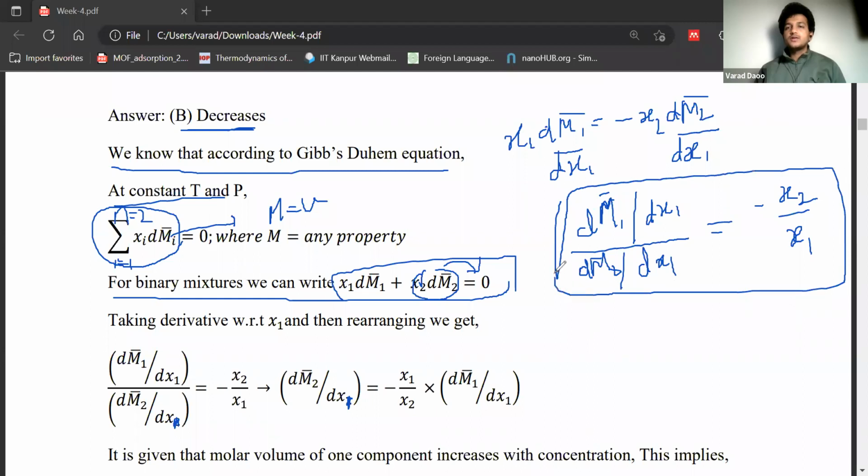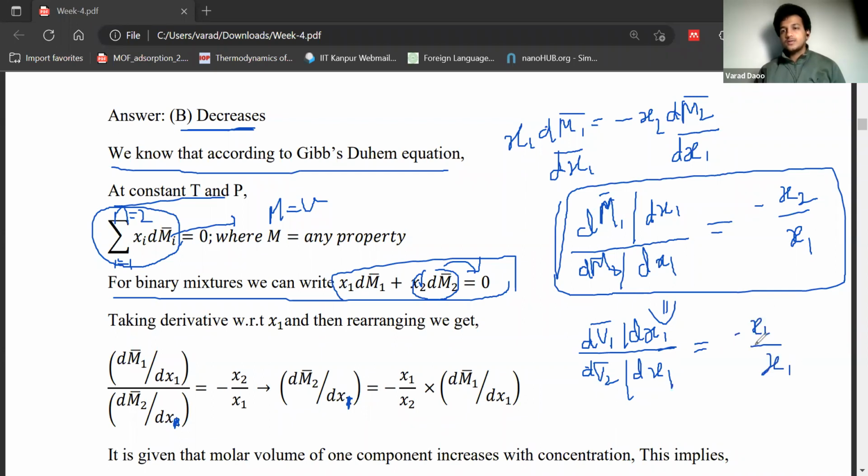It has been given that M1 bar. For V, you just have to replace M by V. So it will be dV1 bar by dx1 divided by dV2 bar by dx1 is equal to minus of x2 by x1, right?